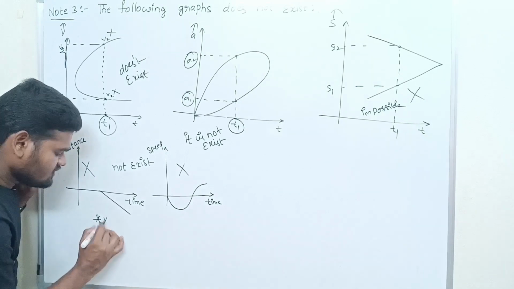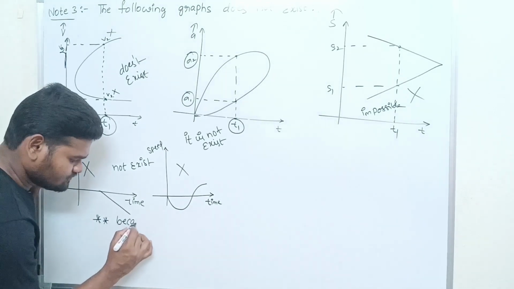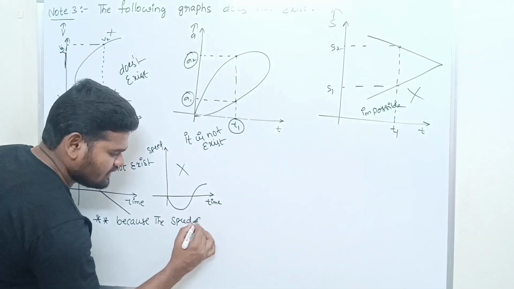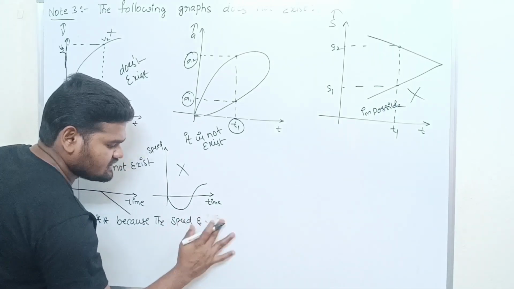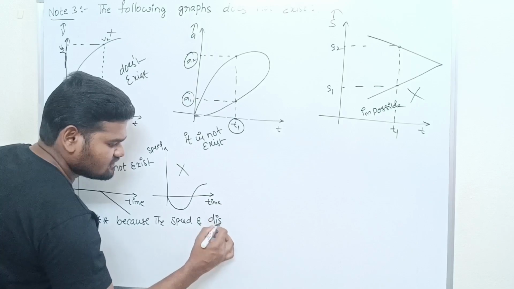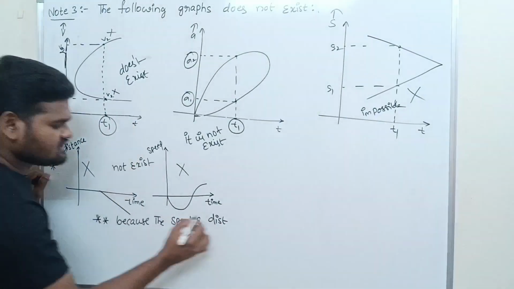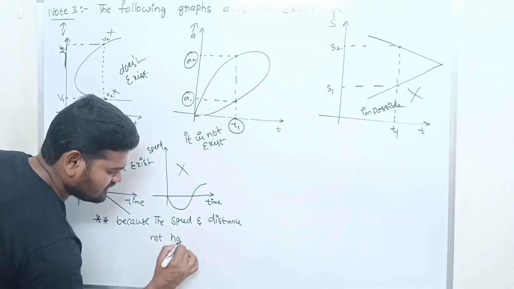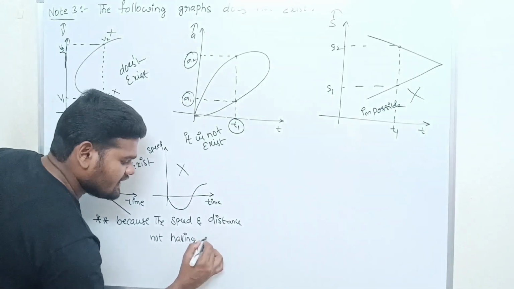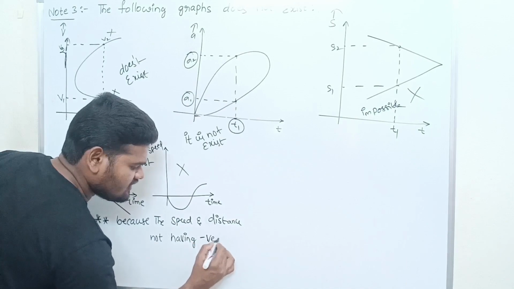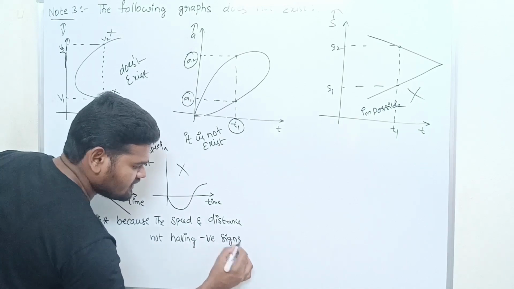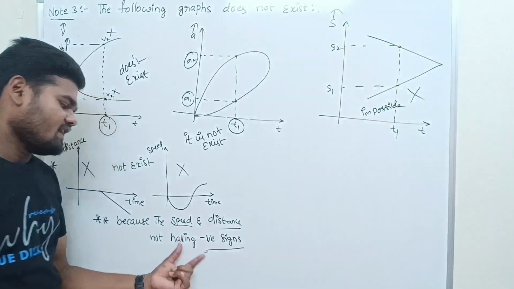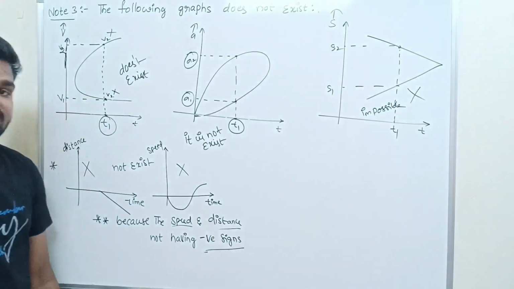Why? Because speed and distance do not have negative signs. Are you getting it? Because speed and distance never have negative signs.